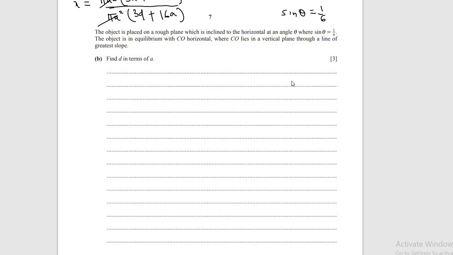The object is in equilibrium with the circular base, where the center of mass lies in the vertical plane through a line of greatest slope. Find d in terms of a. This is what the question is trying to do.